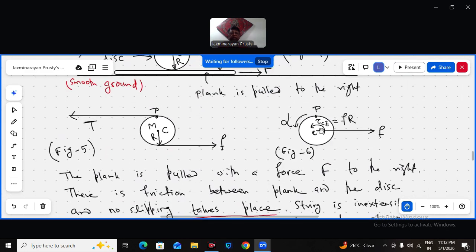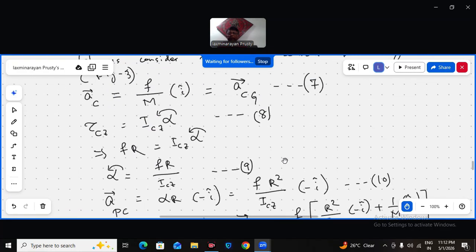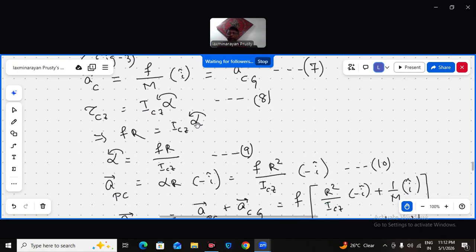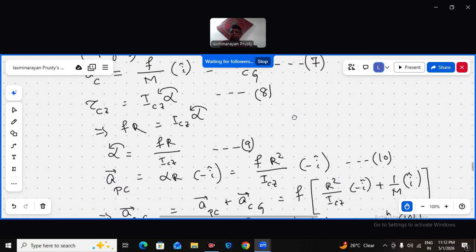F into R, the C. Which direction? Anti-clockwise. Torque. What to write? Write this torque as FR in this. Right. This is what I wrote. So alpha is how much? FR by ICZ. Okay.